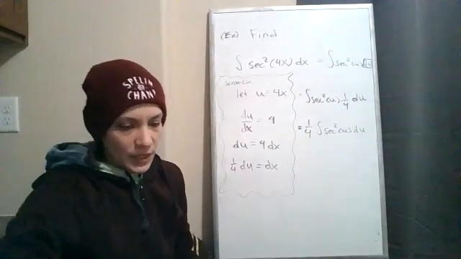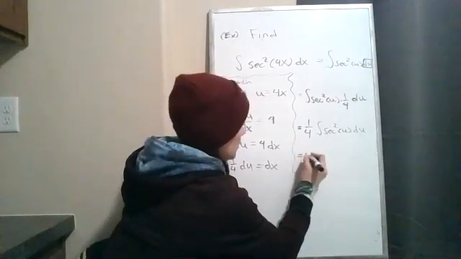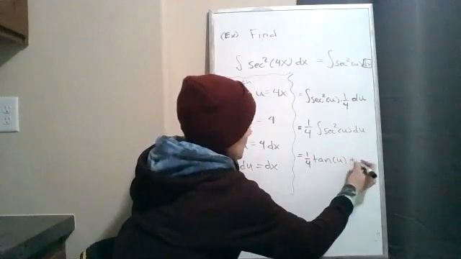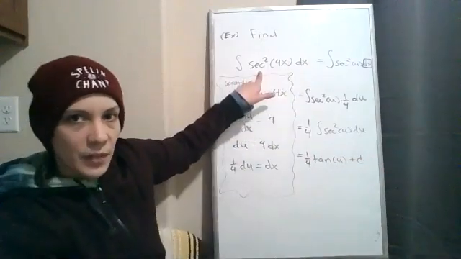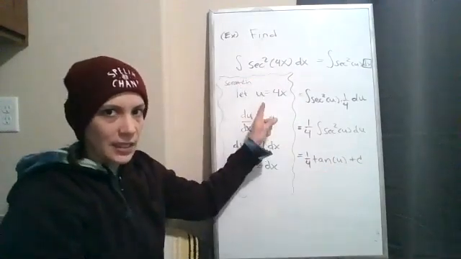I've got 1/4 times, is it tangent of u plus c? And this function started with the variable x, and you want to finish with the variable x. So remember what u was. It's 4x.